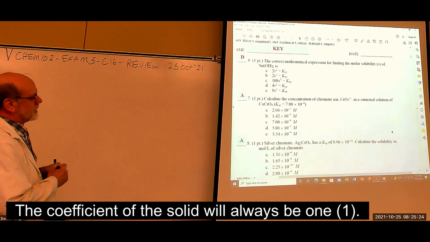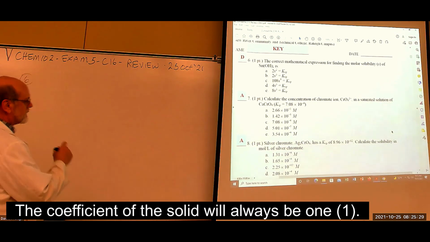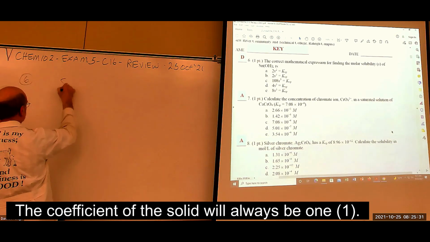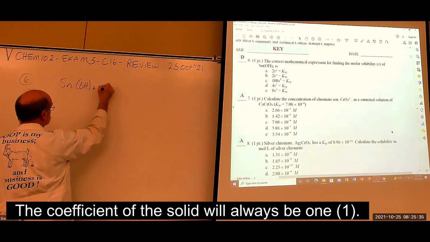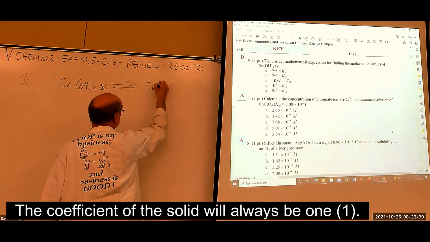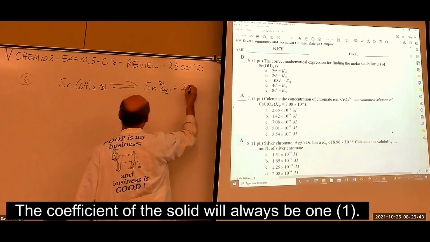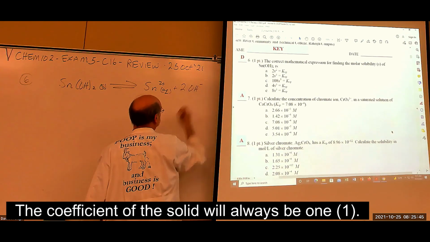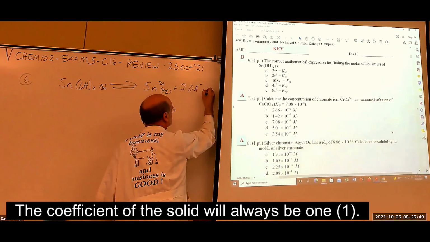So let's say the mathematical expression for finding the molar solubility of Sn(OH)2. All right, so this is going to be a solid, and it's going to make this one and this one, aqueous.